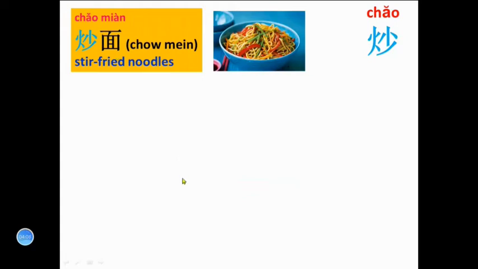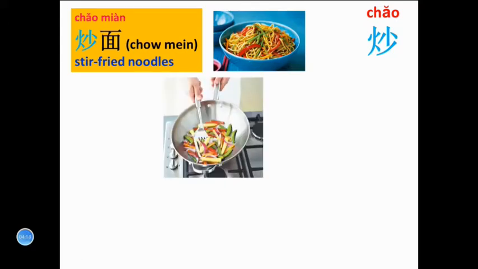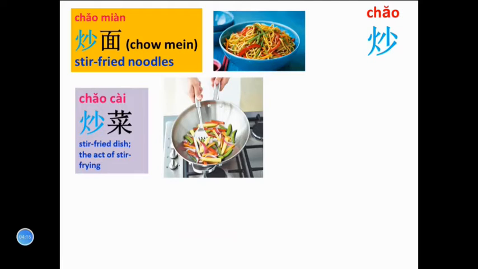Also, when we refer to a stir-fried dish or the act of stir-frying, we will say 炒菜. Here, the second character 菜 is a general term that refers to any kind of dish. So the character 炒 in these two phrases means stir-fry.